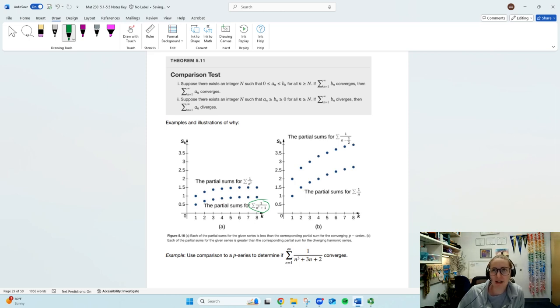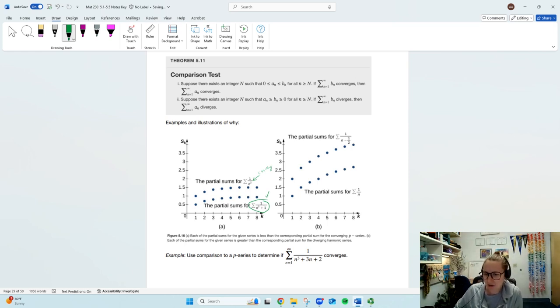And so we're like, hey, I don't know if that exactly converges, but hey, that's really, really similar to 1 over n squared, which does converge because it is a p series and our p is greater than or equal to 2. So this one does converge, and the partial sums are all smaller than this thing that converges. And because we can compare these two things, we can say, hey, this also is going to converge.